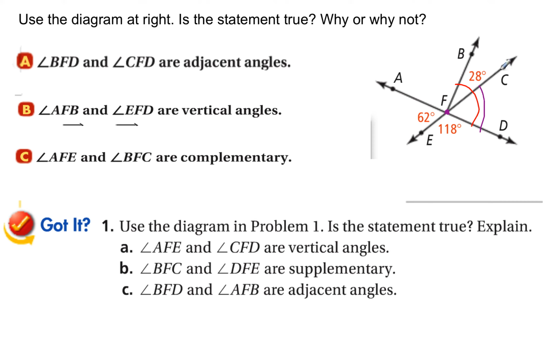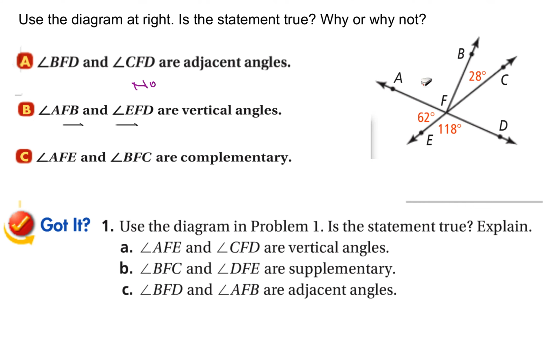CF is only part of angle CFD. That's one problem. The second problem is that there are points inside angle CFD, namely all these points, that are also in angle BFD. So for that reason, this fails that test for both reasons. So the answer is no, they are not adjacent angles.